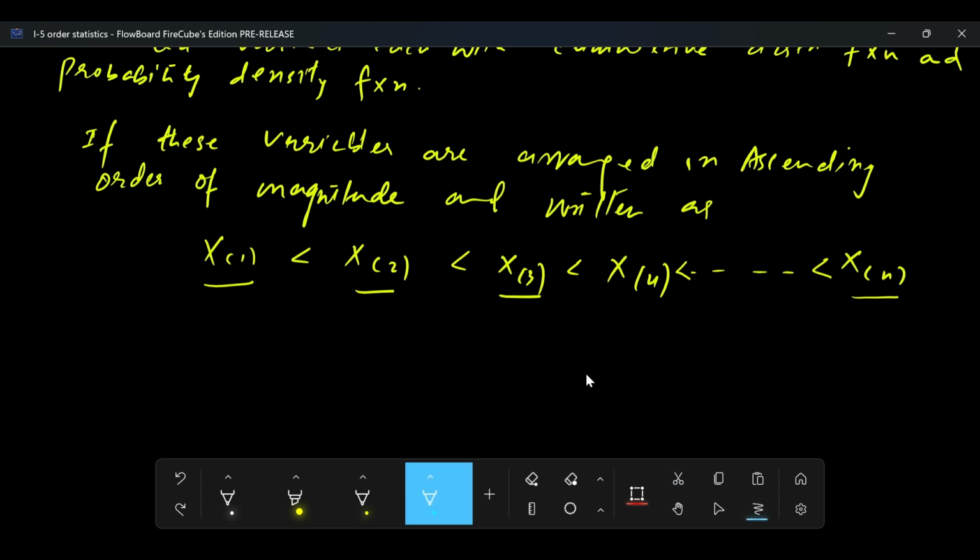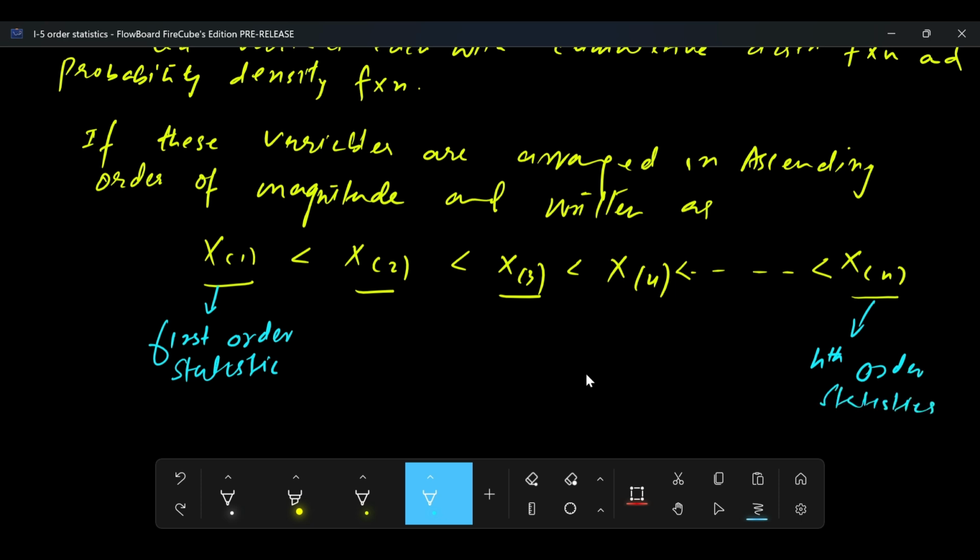So this is the first order statistic, this is the nth order statistic, and somewhere between x1 and xn there must be the rth order statistic.